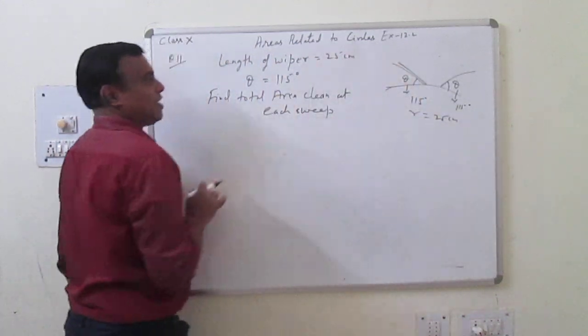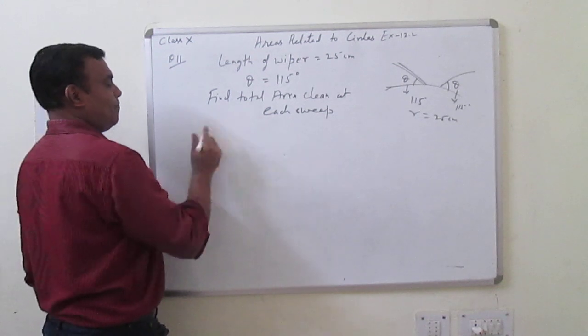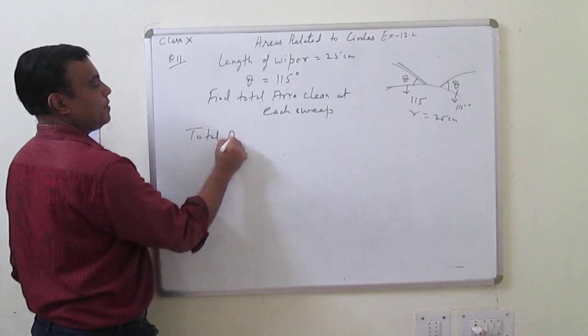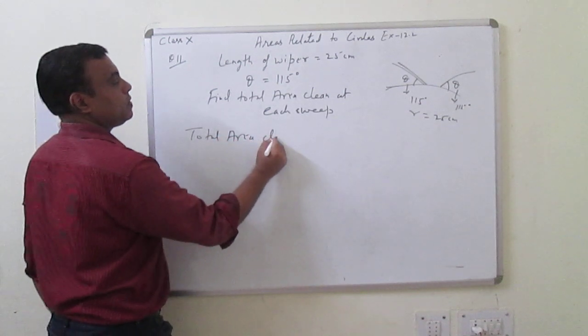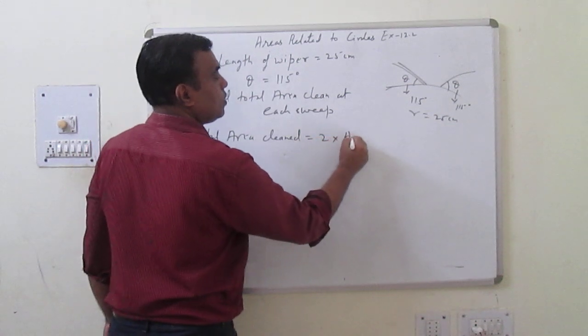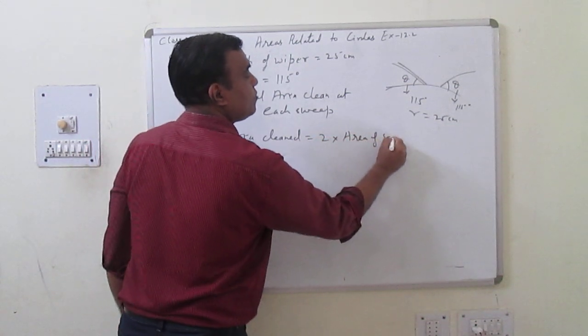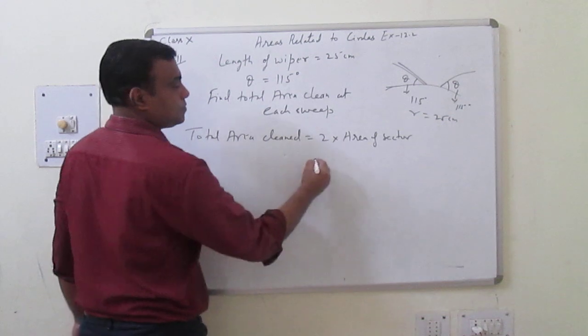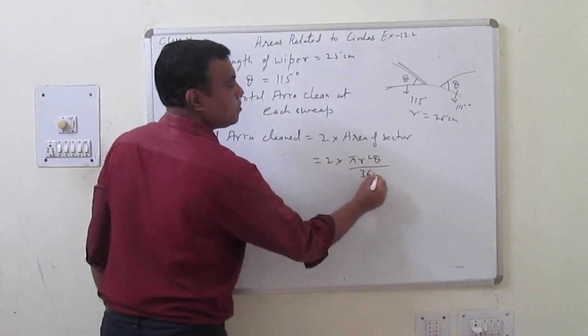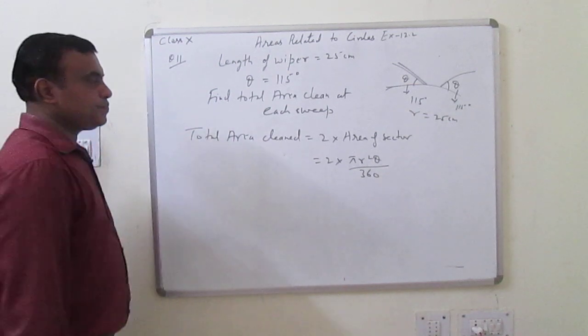Area of two sectors. So total area cleaned is equal to 2 into area of sector. So 2 into pi r square theta upon 360.